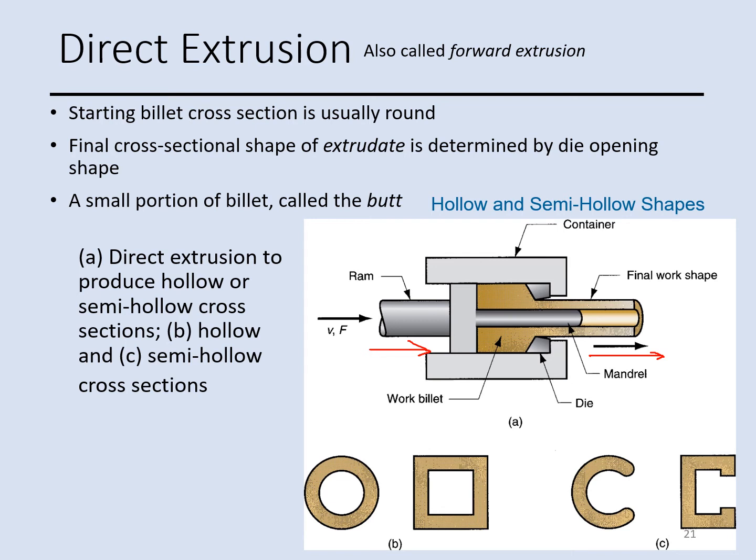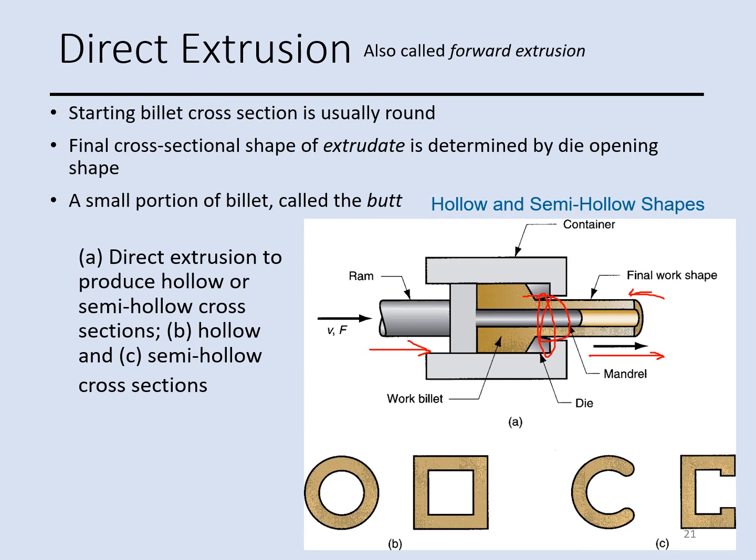The starting billet cross section normally in this process is round, and the final cross section shape of the extrudate, this part, is determined by the die opening shape, which is this area. Normally there is a small portion of the billet that remains in this container, and it's called the butt.